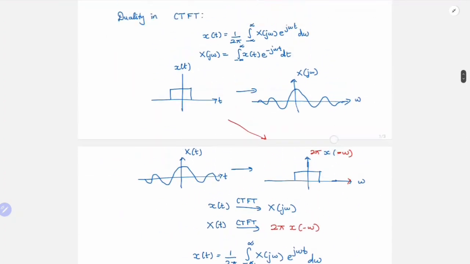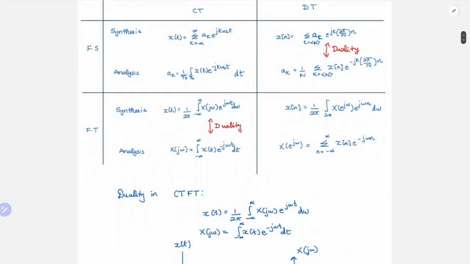Next, there is also another duality relationship we can find out. If you observe here, there is a finite integral and there is a summation here. So within themselves there cannot be any duality relationship. But if you observe this and this, here you have an infinite summation, here also you have an infinite summation.